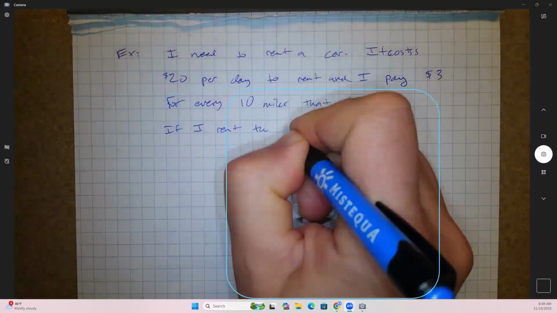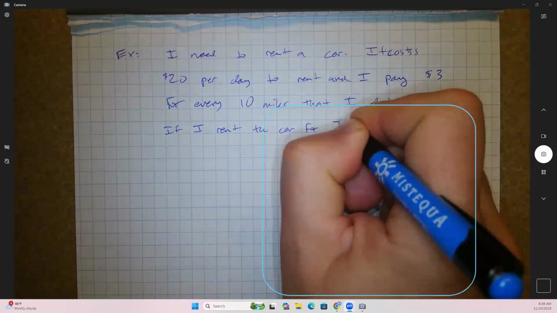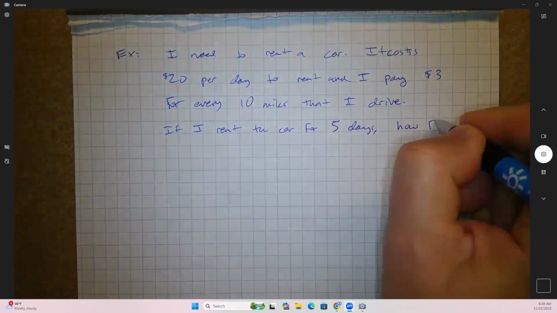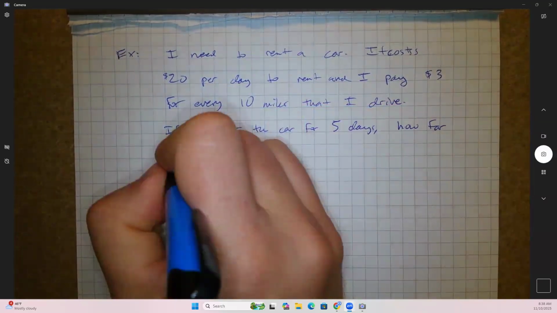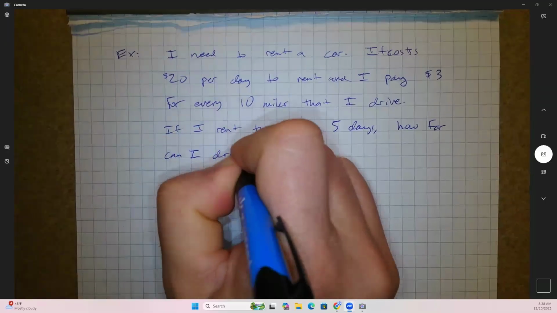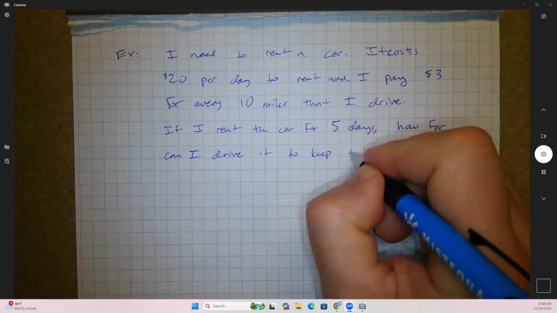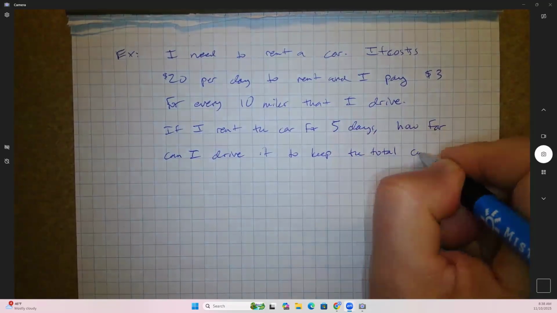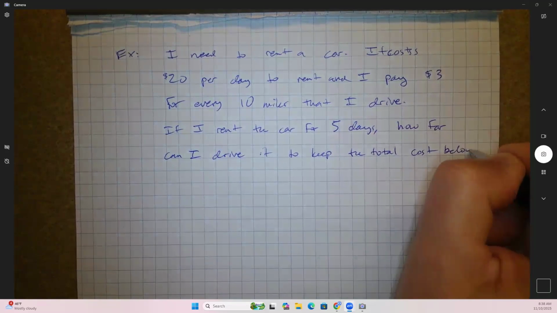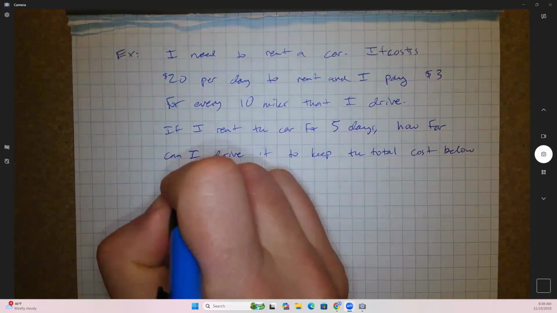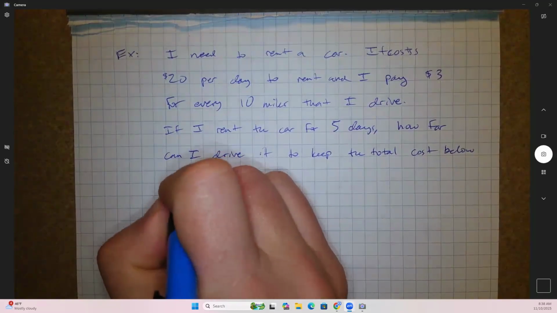If I rent the car for 5 days, how far can I drive it to keep the total cost below $160?